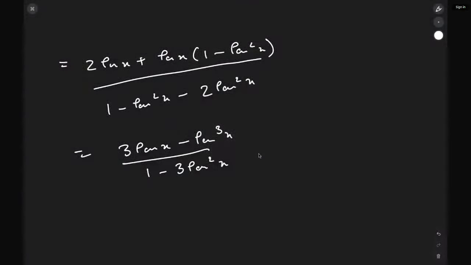Moving on to the next question, we will be having sin 3x. Okay. So sin 3x. How to do this one?